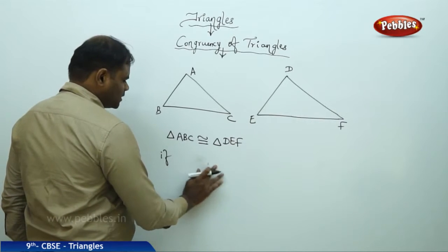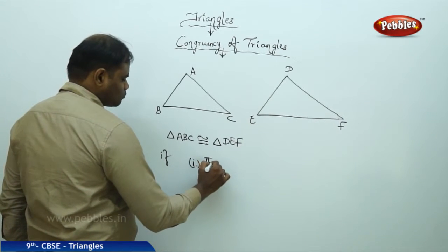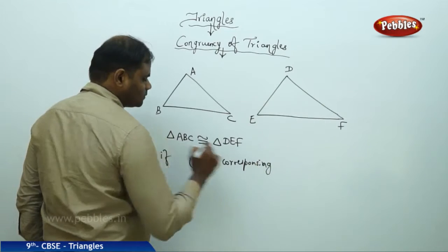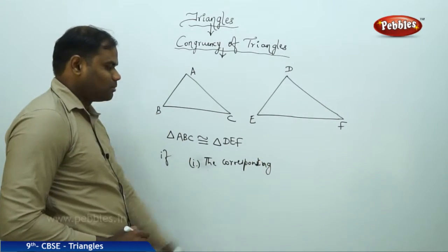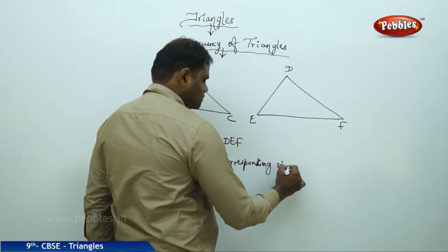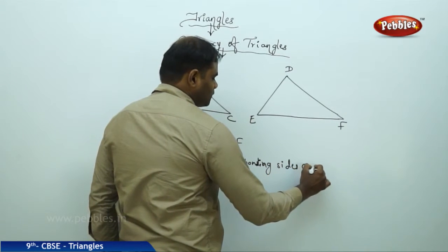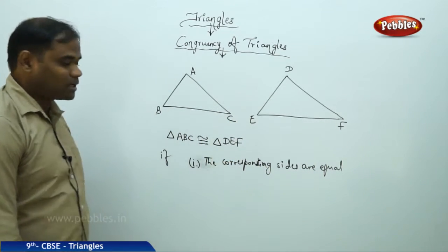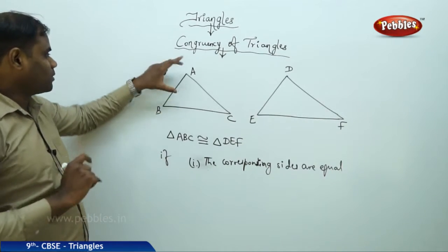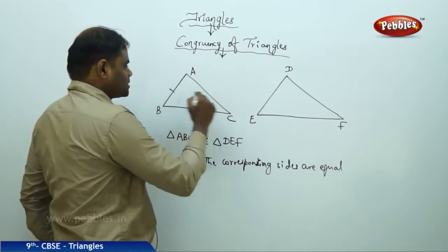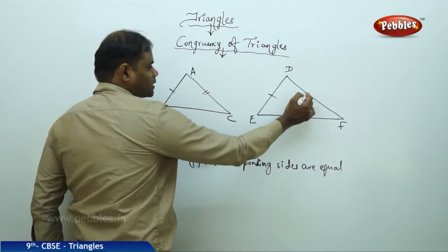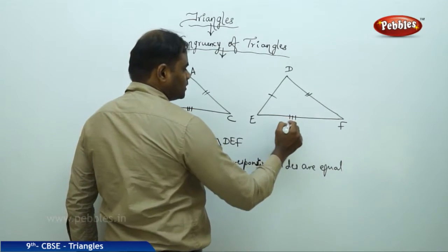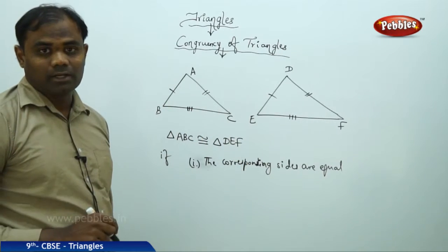The first thing for congruency is that the corresponding sides of the two triangles are equal. That is, for triangle ABC and triangle DEF, the corresponding side of AB is DE, so this must be equal to this, and for AC the corresponding side is DF, which must be equal, and the corresponding sides BC and EF must be equal.